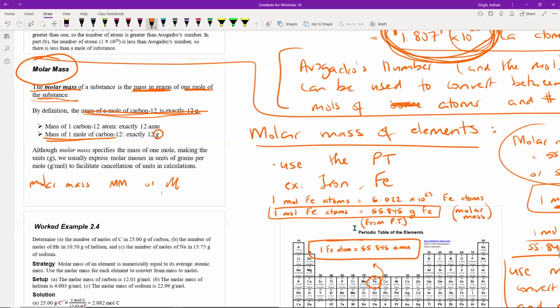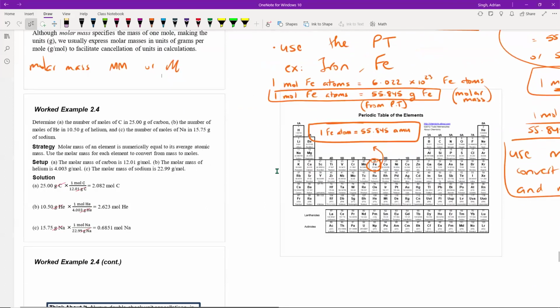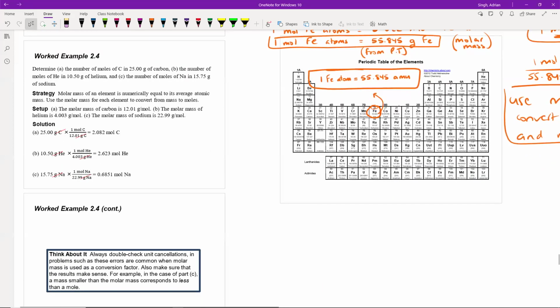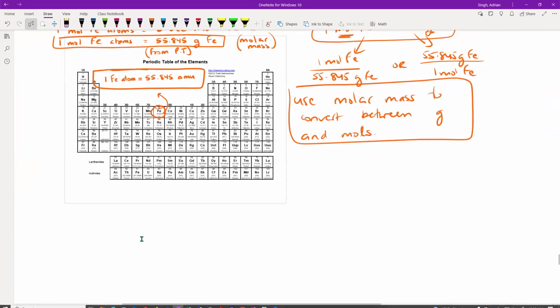So let's take a look at an example, and we'll just use iron because we have it here already. So let's say that 35.45 grams of iron was measured out.